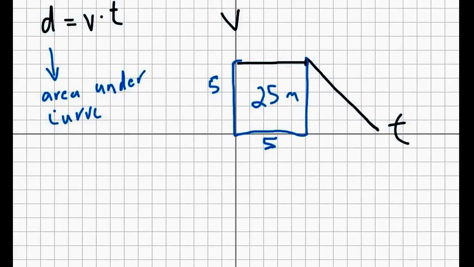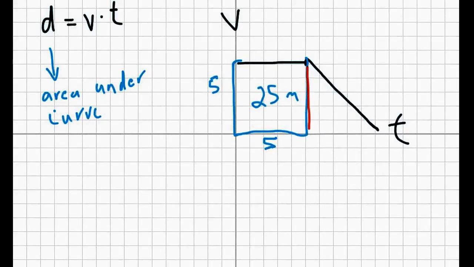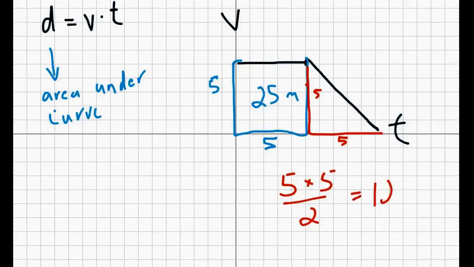If it's a triangle like we see for the second part, do the same thing. You can see here we have a height of 5 still, we have a base of 5, but because it's a triangle, we'd have to go base times height divided by 2, which would give us 12.5 for our area. So the area for that triangle is 12.5 meters.